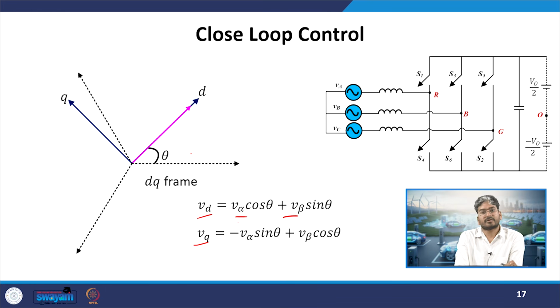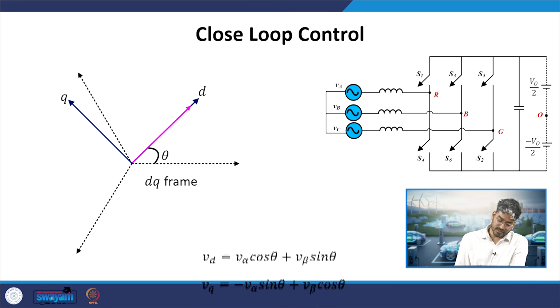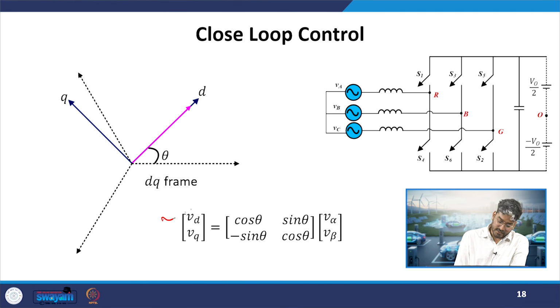Again from projection theory. We have alpha and beta, and we are calculating the projection of this on a rotating frame of reference rotating at a speed of omega t. In this case, this is the matrix which will be used to transfer your alpha beta axes into your DQ axes.